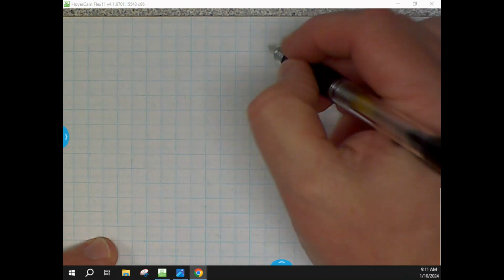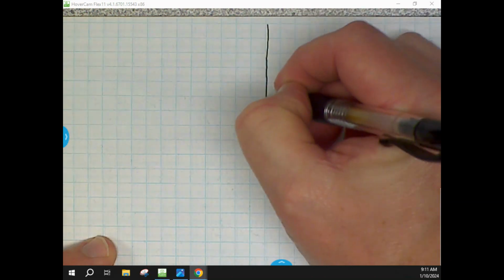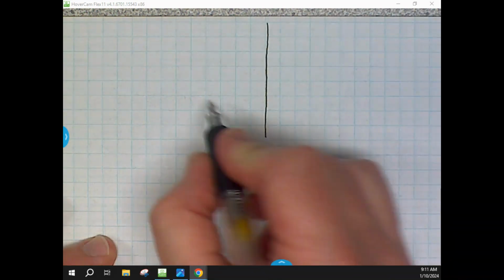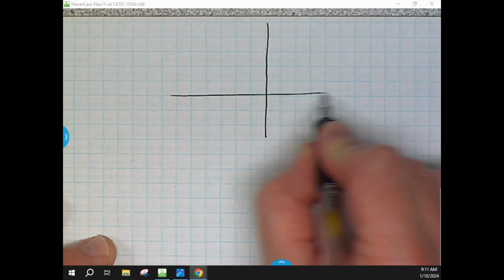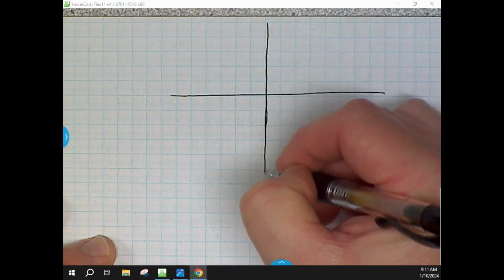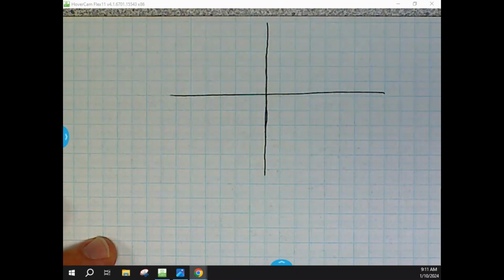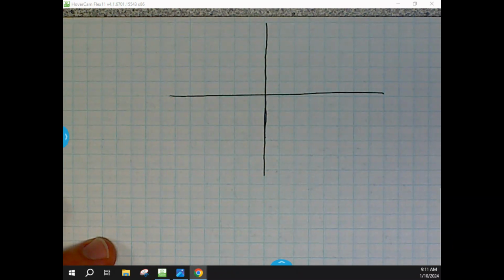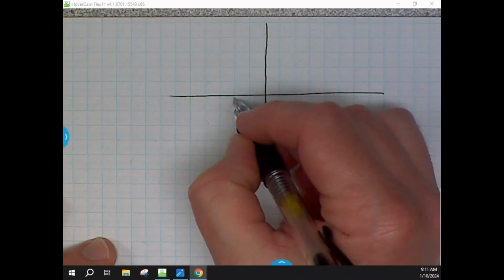If you don't have graph paper, you can just kind of watch and see. Okay, so there's our x-y axis. Let's go with this point.